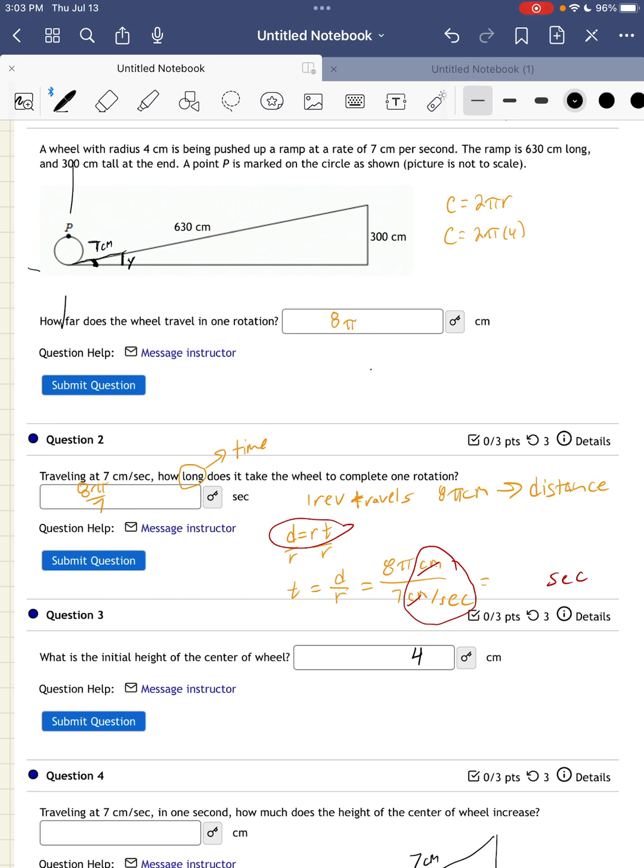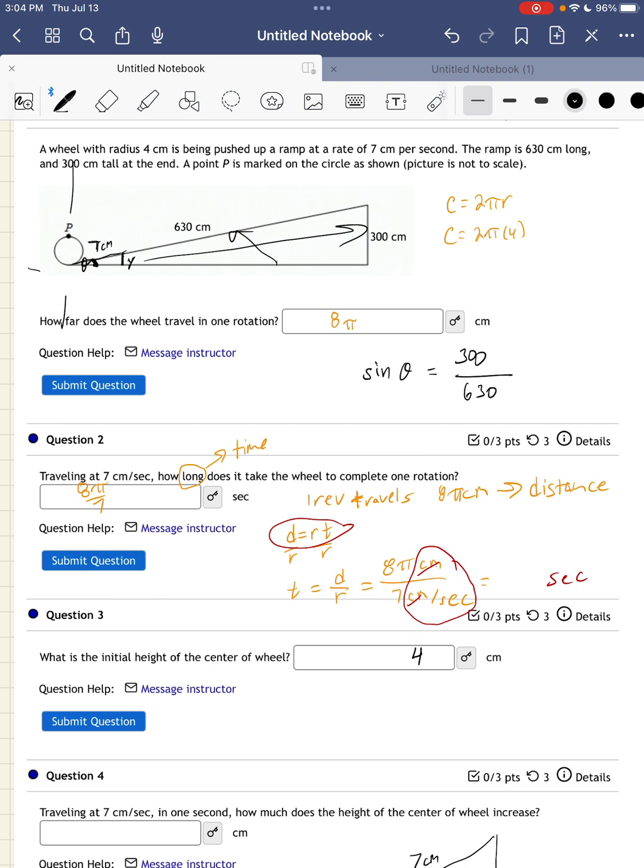So we could say sine of this unknown angle, we'll call it theta, is equal to the opposite side, 300, over the hypotenuse, 630.